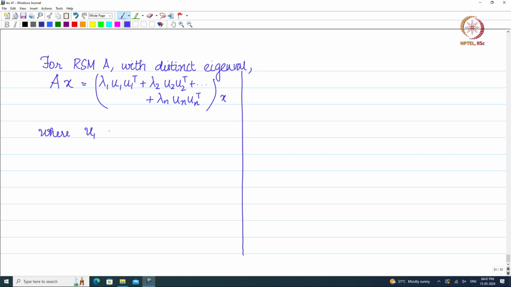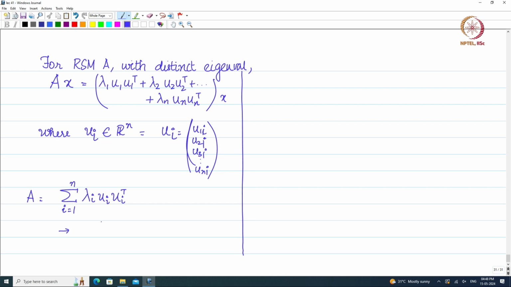Every ui is an n component vector, so u1 is u11, u21, u31, etcetera, un1, and any ui has n components. So, A is equal to the sum of lambda i ui ui transpose, i equal to 1 to n.